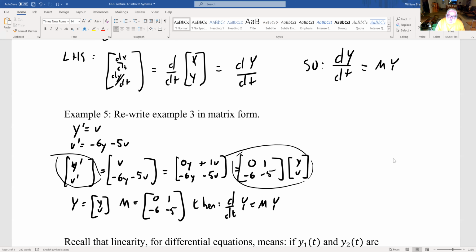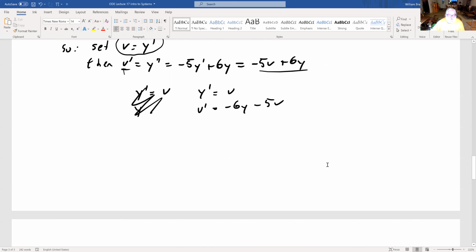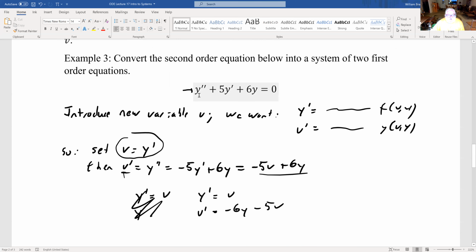Note, incidentally, for example 3, if we go back up to example 3, what's the characteristic equation of this going to be?